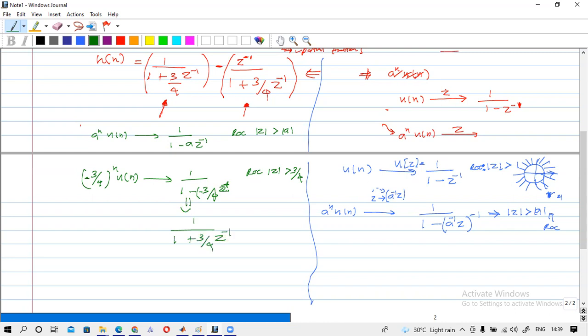Correct? And the ROC will be the same, because here if I put minus 3/4, I have to take the magnitude, the absolute value. So it will be 3/4, no change. The ROC will not change. Correct? Is there any question?